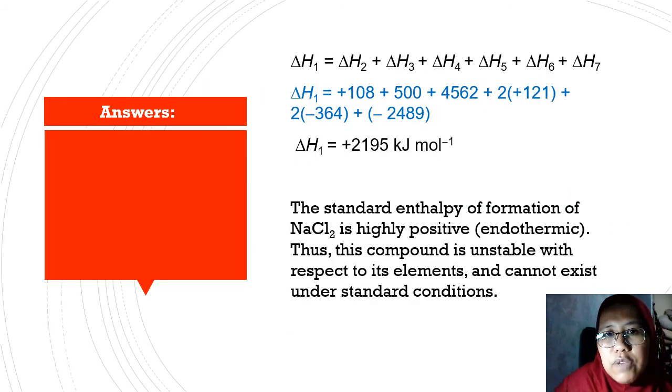Now, for the formula, yes, delta H1 is actually the delta HF, and all the delta H2, 3, 4, 5, 6, 7 are the values that are given in the question. So you can see here, the values are inserted into the formula, and the answer is 2,195 kilojoule per mole.